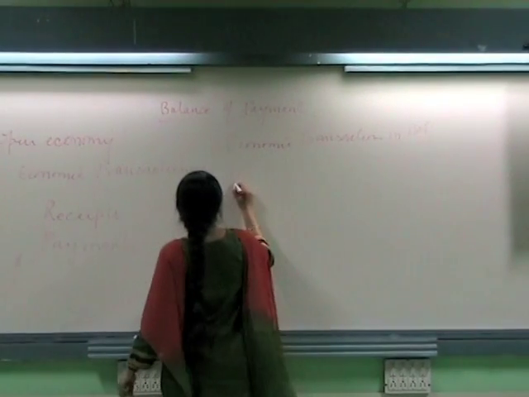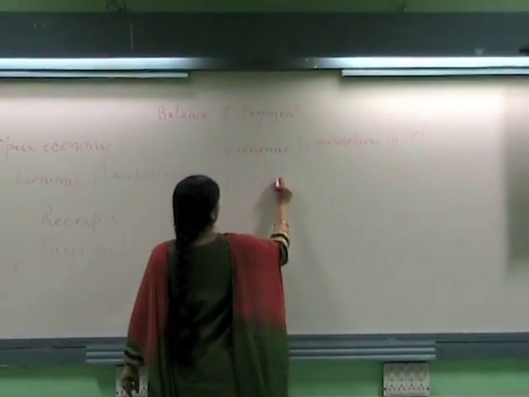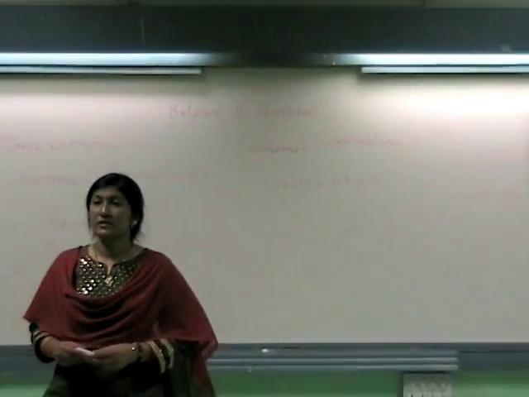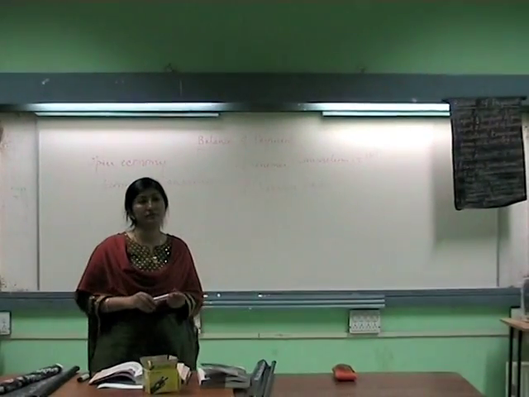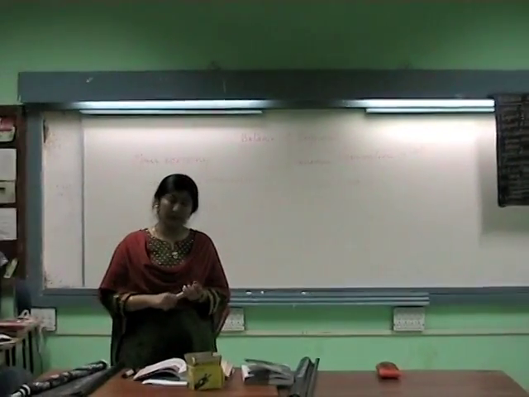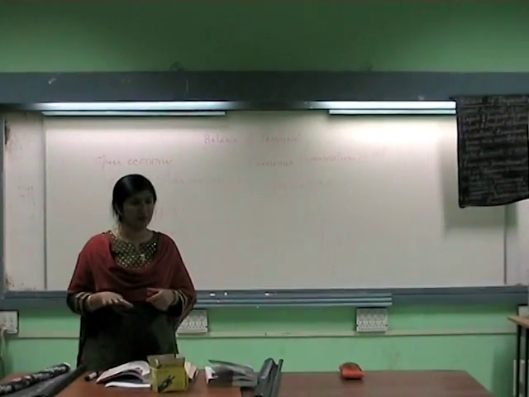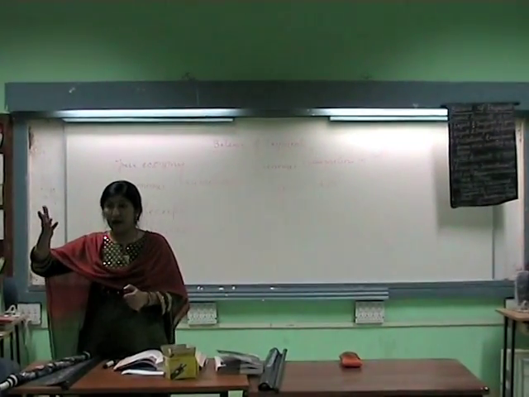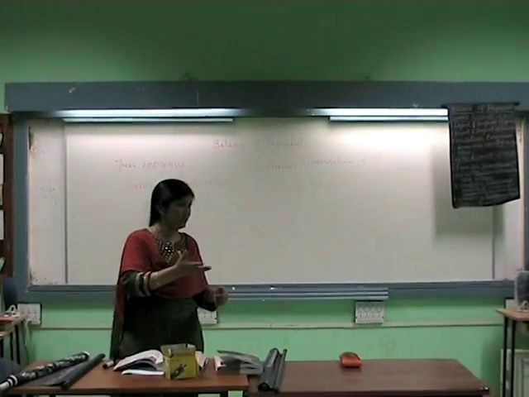First thing, it includes visible trades. Now what is this visible trade? See, what is the meaning of trade? Which we call exports and imports. Okay? Visible means something that you can see. Physical. And they are goods.